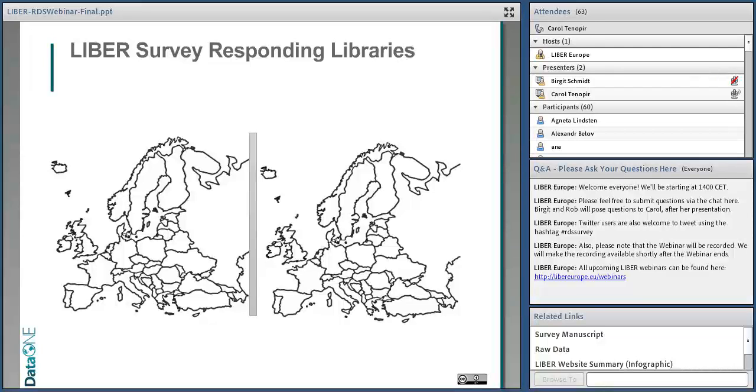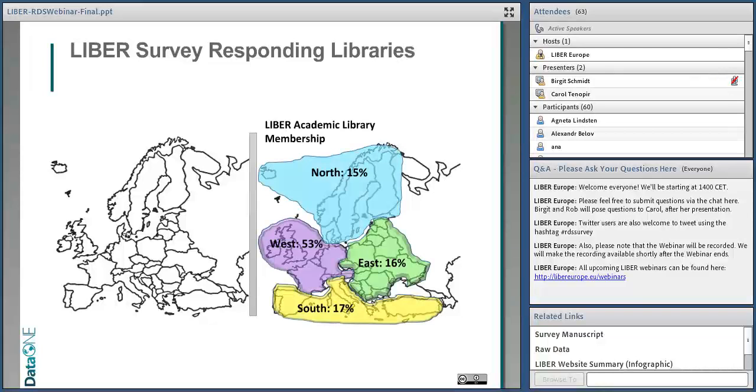The survey was sent out last year. It was a survey of academic library members of LIBER. There are 333, or were at the time, academic library members of LIBER. We looked at the Open Air categories for regional geographic distribution, and this is the split of the members.